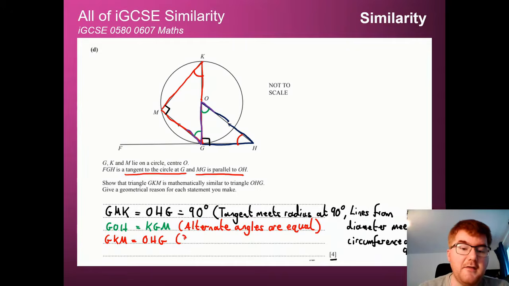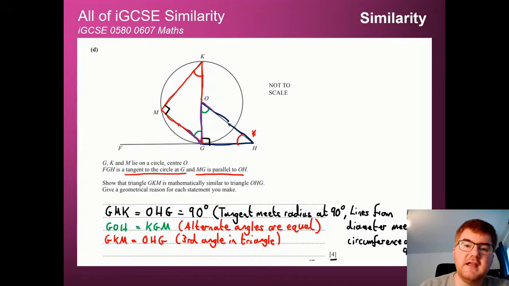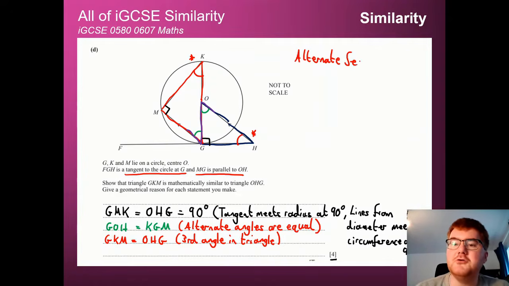You can say third angle in triangle. That is absolutely fine. But hopefully some of you have spotted out there, this is also the alternate segment theorem. So this angle here must be the same as this angle here for the alternate segment theorem. Again, I really encourage you to check out my circle theorem video if you're not sure about that particular idea.